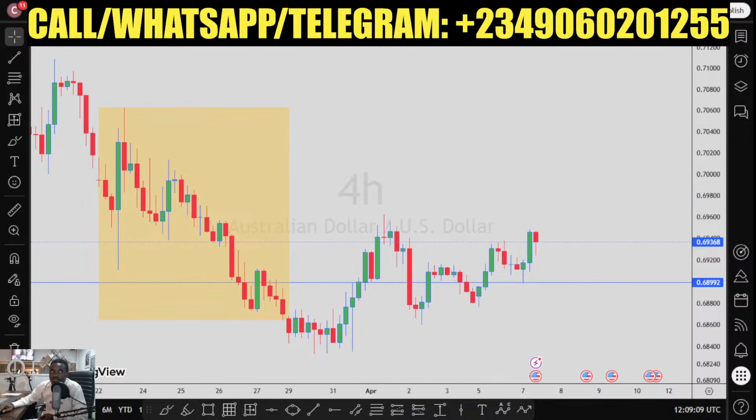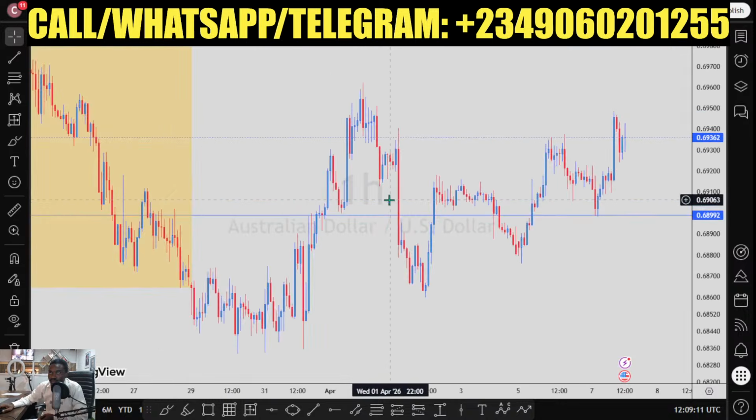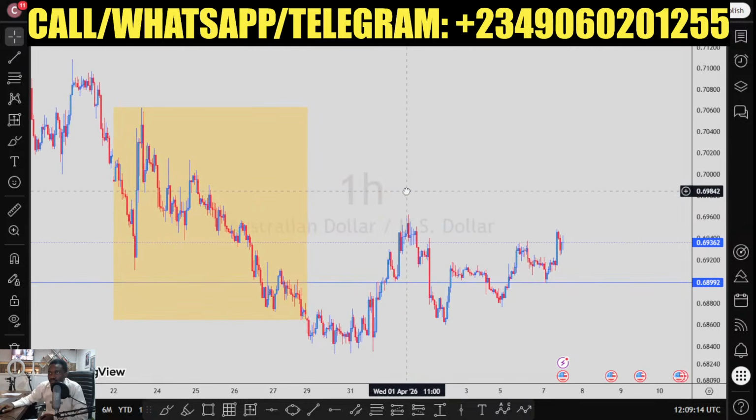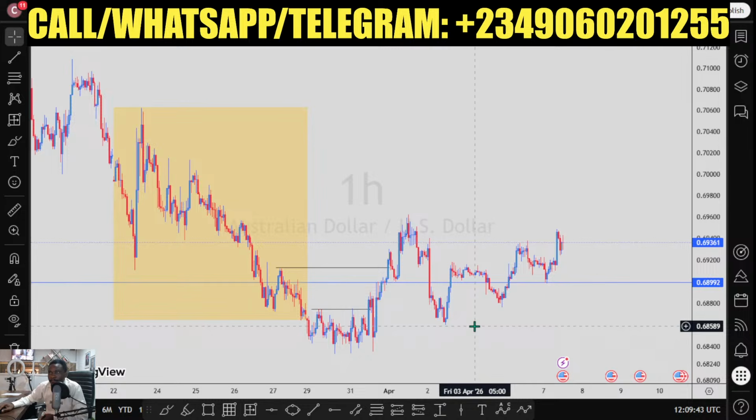Now on the 1-hour chart, based on what we are seeing here, we have some structures taken out as our first internal market structure shift, and right here the next low high was taken out. We went all the way up.